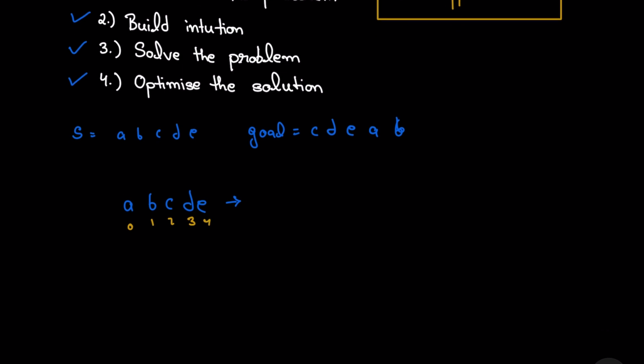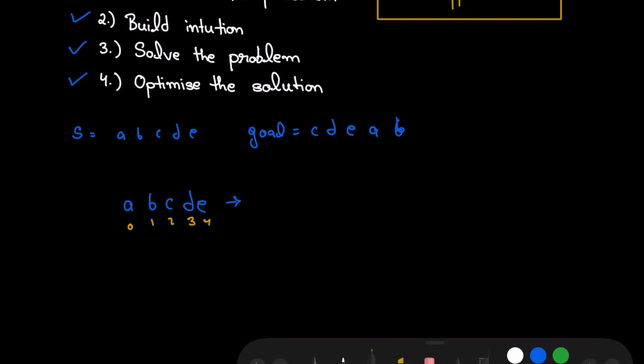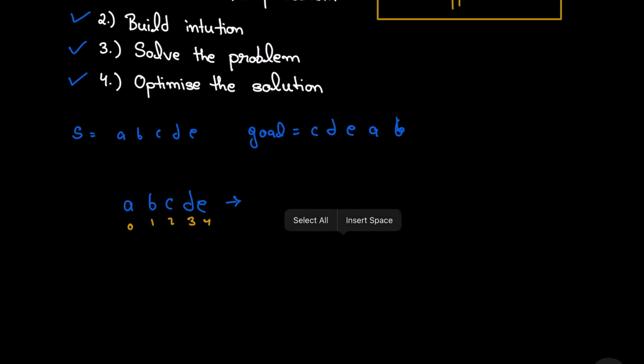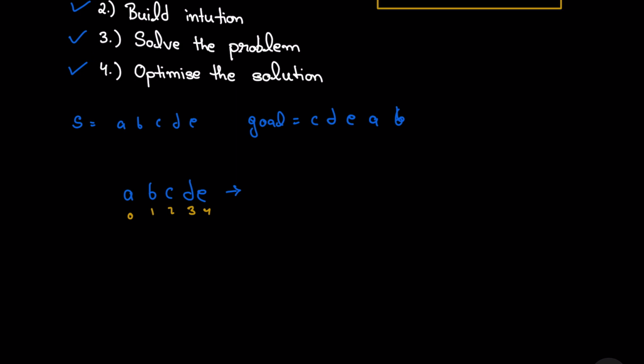After rotation, we move every character to its previous index. That is, B will be moved to the 0th index, C to the first index, D to the second index, and E to the third index.